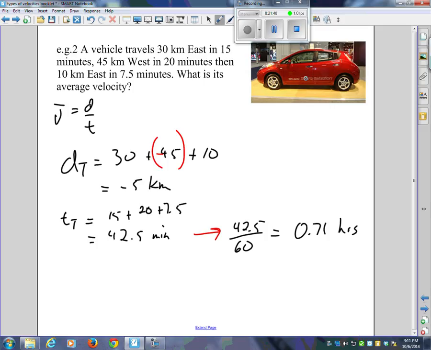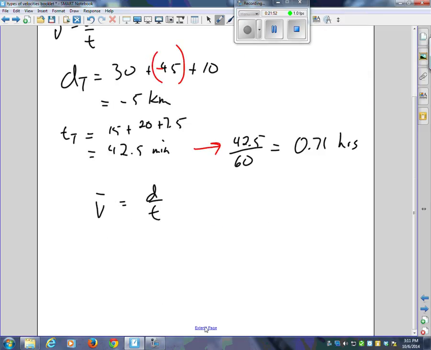Now what? Now we divide, right? V bar equals d over t. Displacement minus 5, time 0.71. Are you starting to see how the organization of your solutions is important?